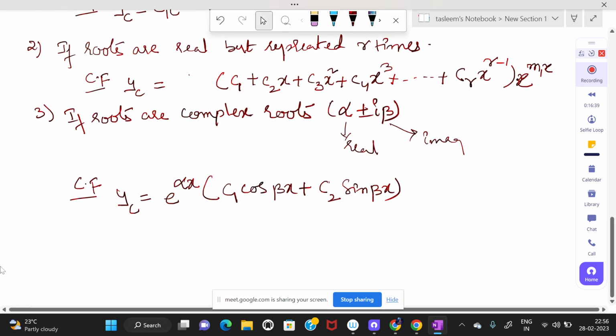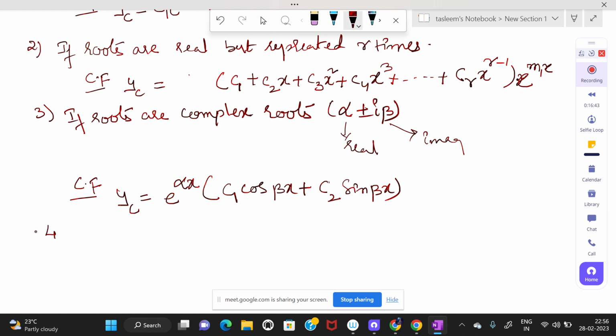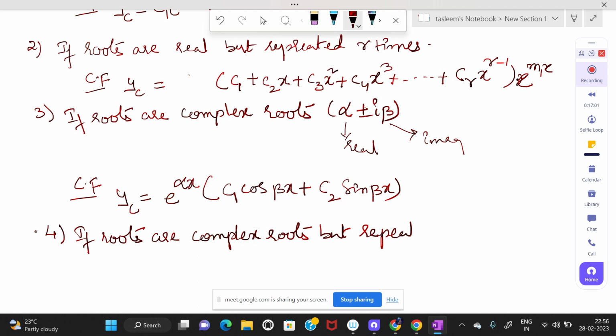Next will be the fourth one. If roots are complex roots but repeated r times, then you're going to represent your complementary function in this way.